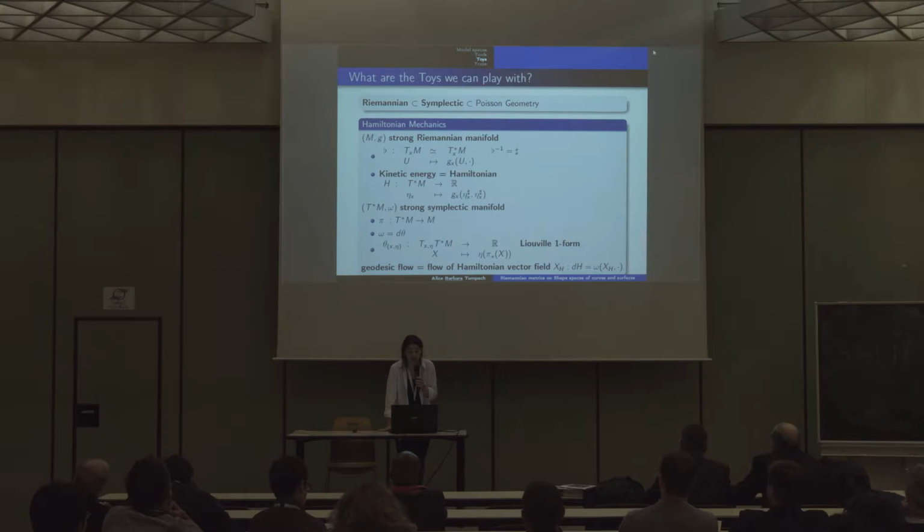You have a tangent vector X at (x, η). X η is an element of the cotangent space.